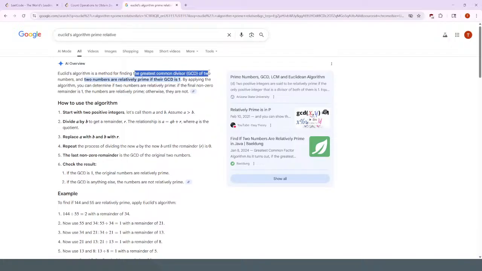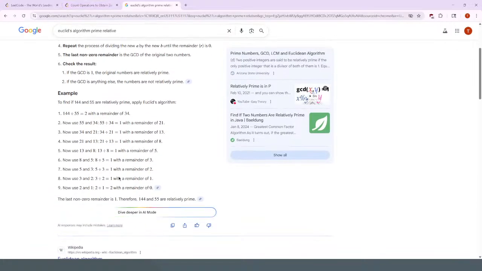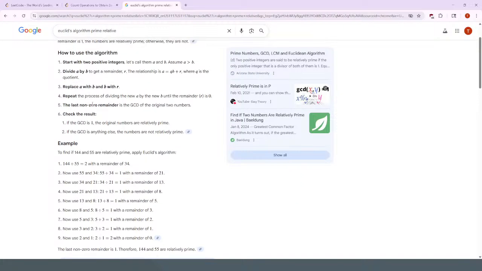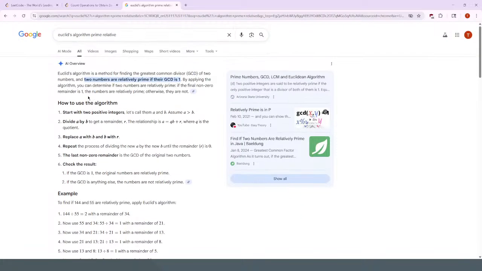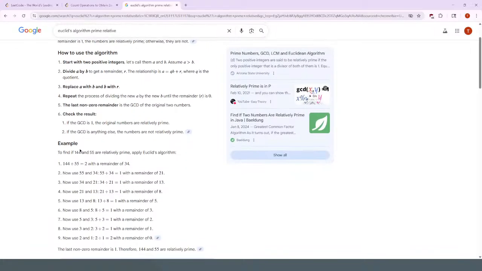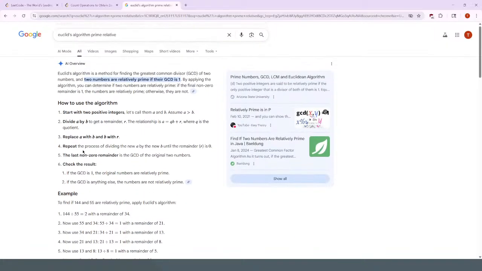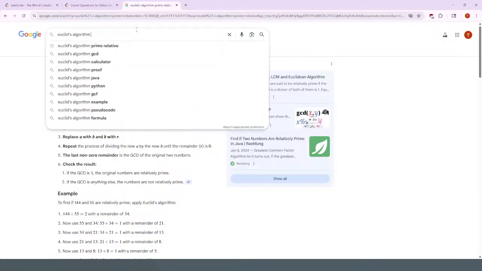Greatest common divisor. And it's the number that eventually... Euclid's method algorithm for GCD.